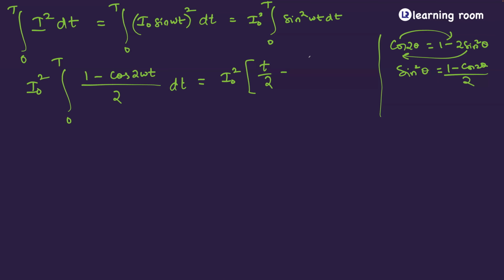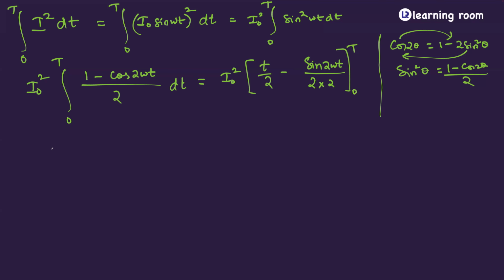It will be sine 2 omega t, the whole divided by 4, because there is already a 2 here, so this 2 will come in the denominator. So this is also going to exist between 0 to T.